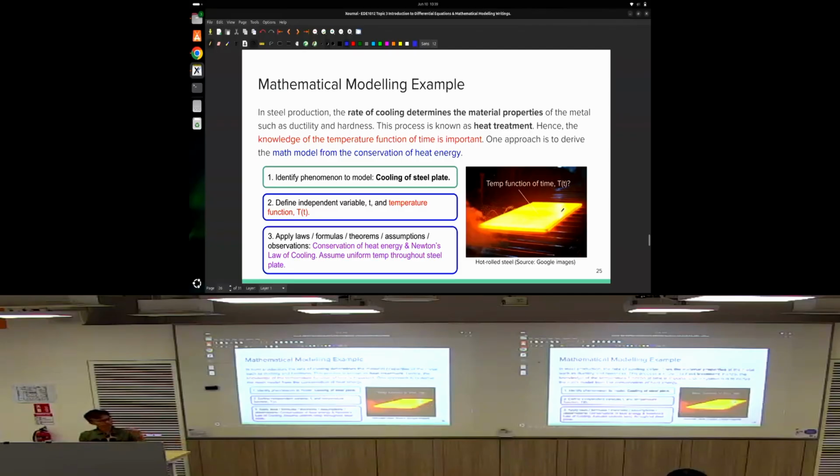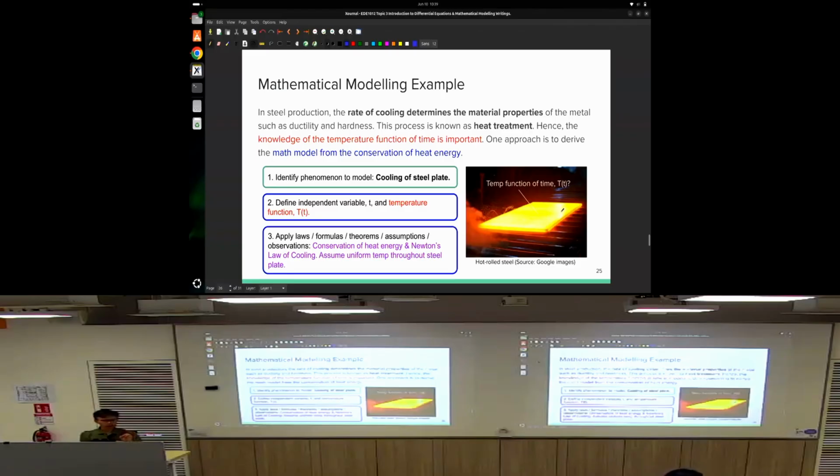Therefore, in order to create a hard material, you need to do this process called rapid cooling or quenching. So they put the steel into the water to cool it very fast. This is one mechanical property that we want: a very hard metal.